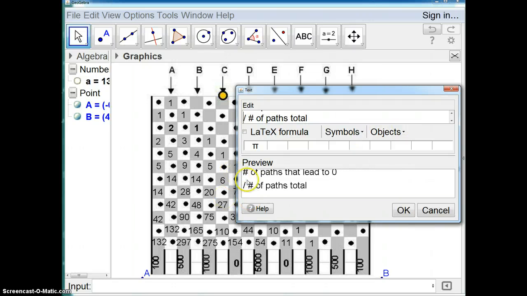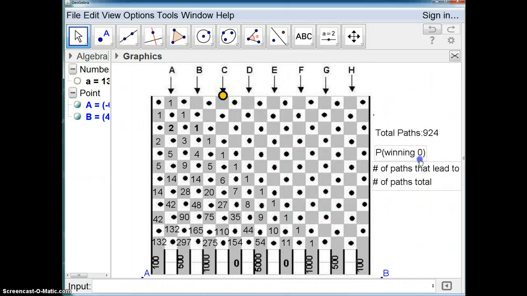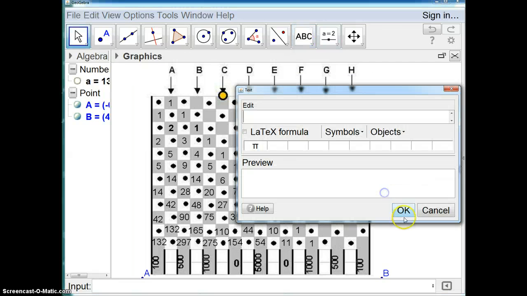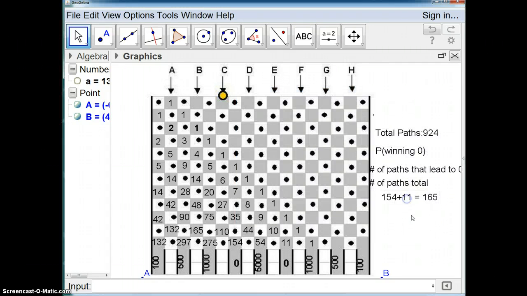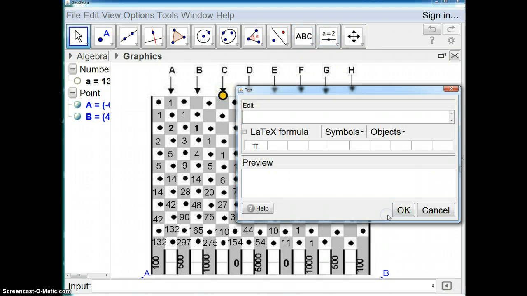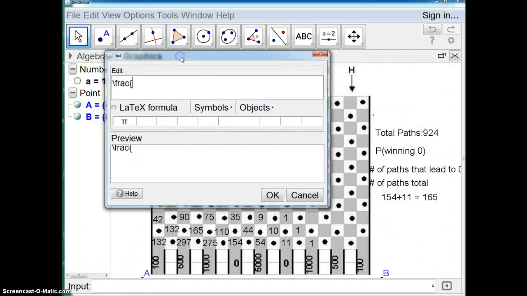So for us, we could see that to get 0, there's 154 plus 11, which is 165 different ways of getting 0. Sorry, the number of paths to 0 is 165, divided by 924.